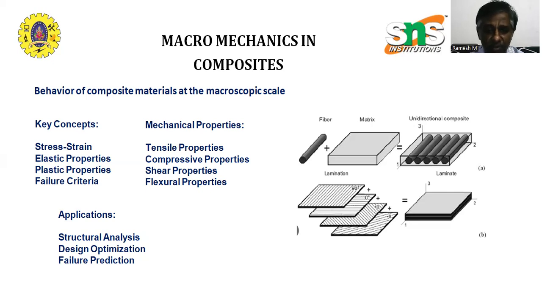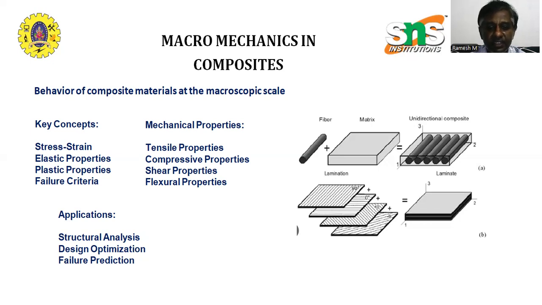Then plastic properties come into the picture at the macroscopic level. It describes the behavior of the composites, including yield strength, ultimate strength, and strain hardening. But in micromechanics, it will not be available. Up to the elastic limit only we have focused. At the macroscopic level, the plastic deformation will be included, so it goes beyond the elastic limit.